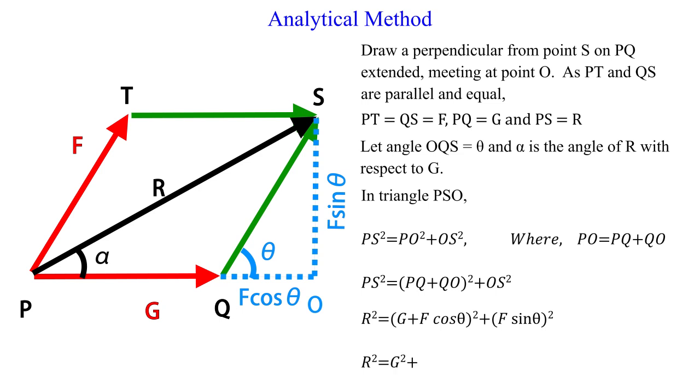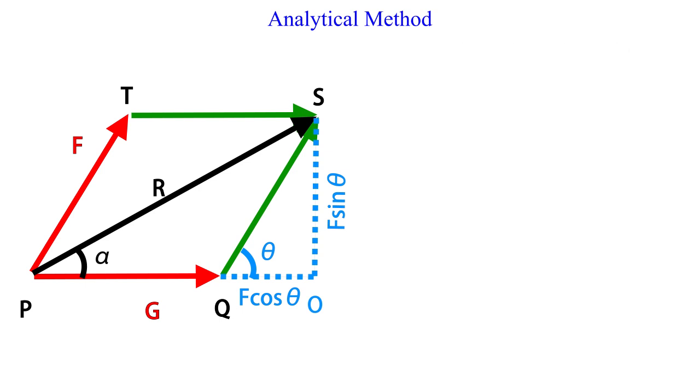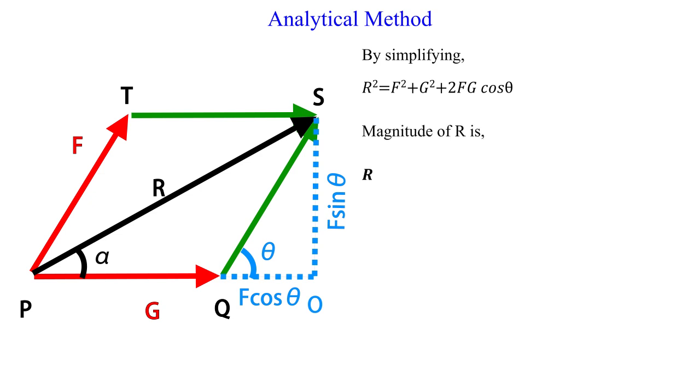Simplifying the above equation, we get R square is equal to G square plus 2FG cos theta plus F square cos square theta plus F square sin square theta. Again simplifying, we get R square is equal to F square plus G square plus 2FG cos theta. Magnitude R is given by R equal to square root of F square plus G square plus 2FG cos theta.